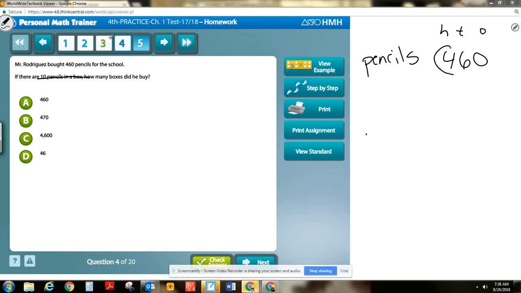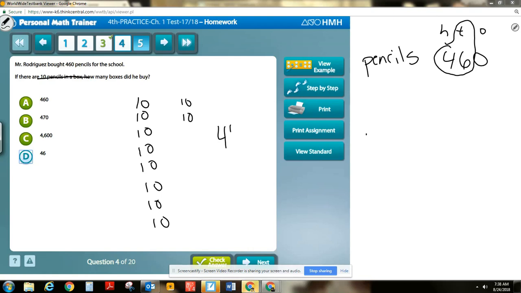How many tens is that? 46. So he must have bought 46 boxes of 10. 10 plus 10 plus 10, and so on, 46 times. Man, 46 tens is 460 pencils for your school.